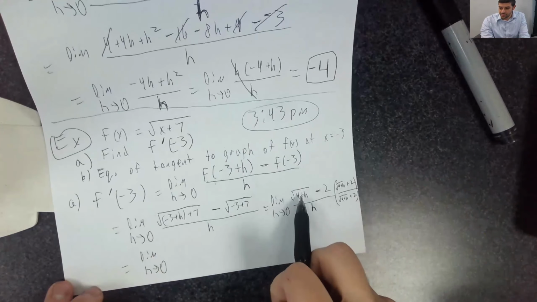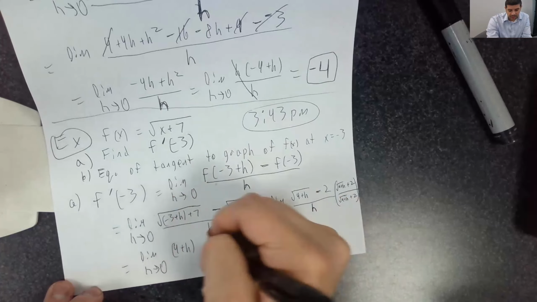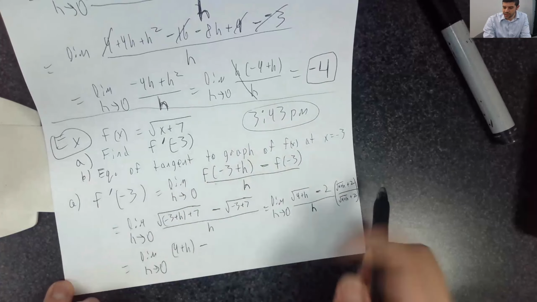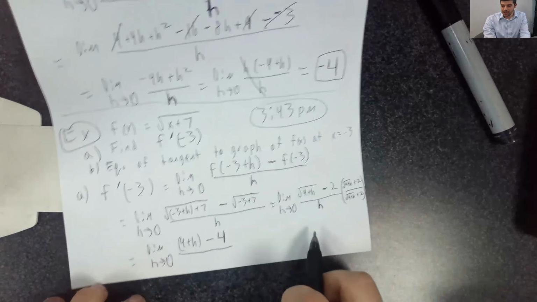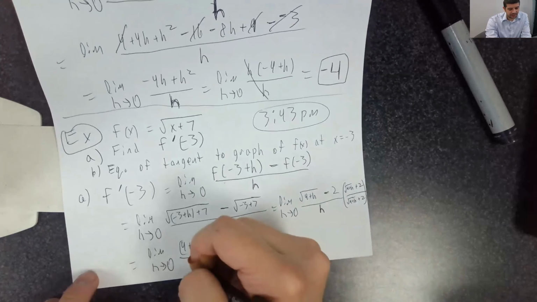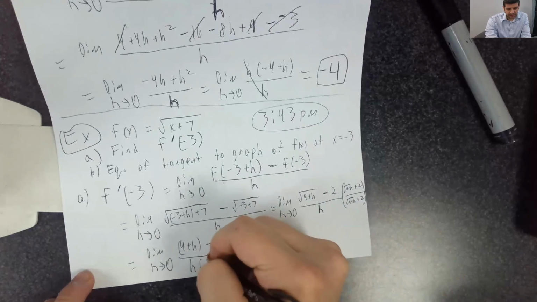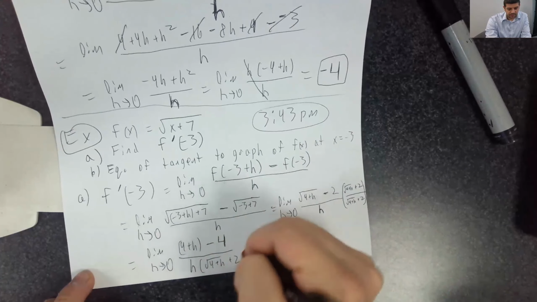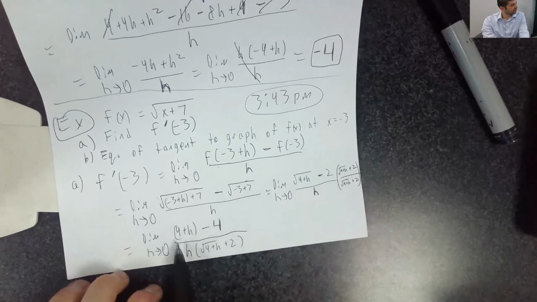When we rationalize, the numerator becomes 4 plus h minus 2 times 2, minus 4. I recommend when you do this, don't distribute the denominator. Don't do algebra to the denominator. Keep the denominator as is to get it ready for canceling. So I won't distribute the h. And look what happens, 4 minus 4.